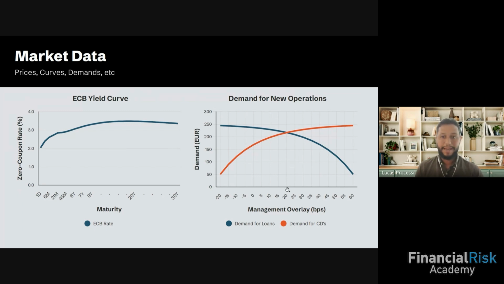So maybe using an overlay of 20 for loans and for CDs is not an optimal decision, and maybe it violates some of the constraints, some of the risk constraints, some of the liquidity constraints. So we are doing a constrained optimization here, so the equilibrium price is not necessarily here at the encounter of those two curves. Okay, so this is just a disclaimer.